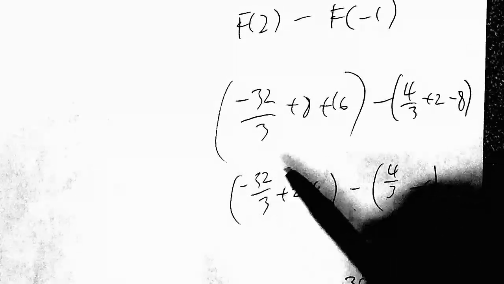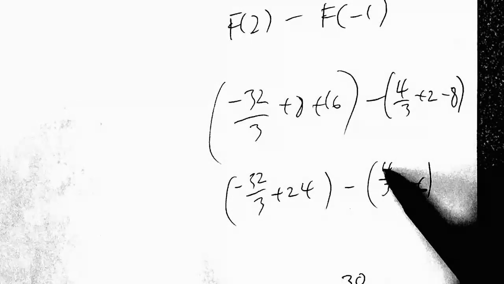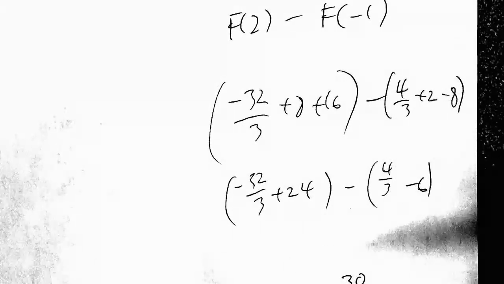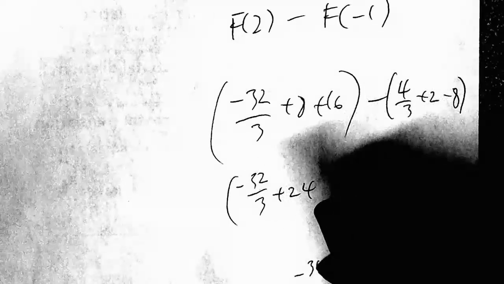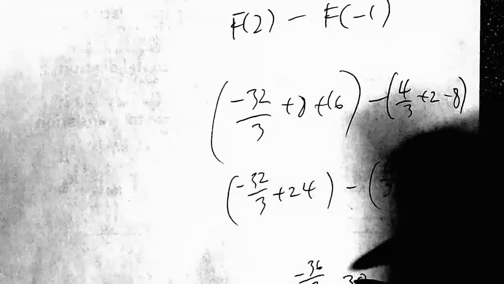Negative 32 minus 4 is negative 36. That's negative 12 plus 30 is 18.